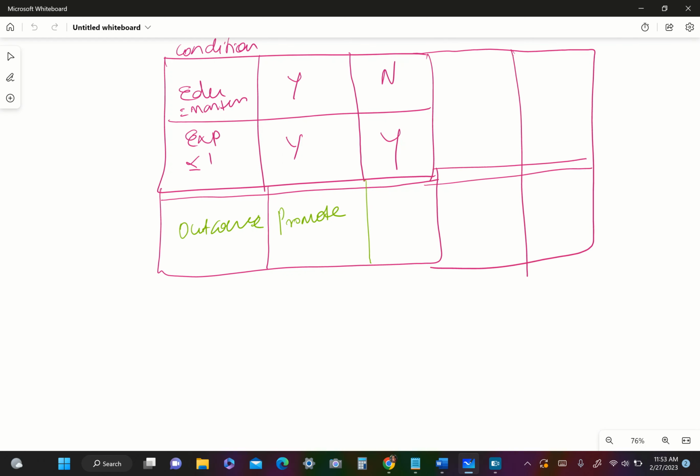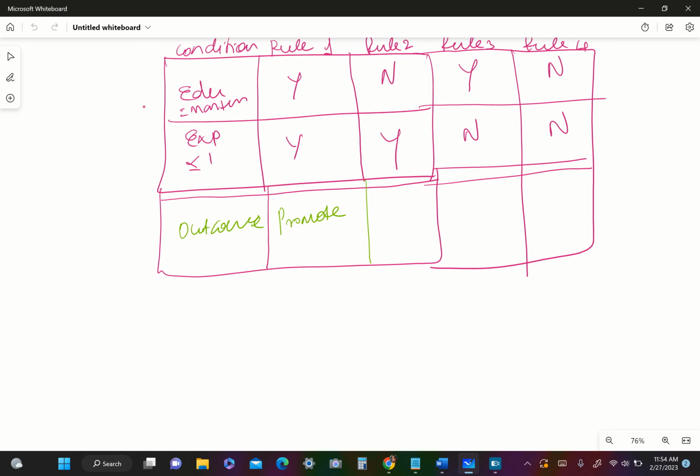Then there is another person that says they have masters but not enough experience. Then there could be a fourth person that neither has masters nor has experience, right? So these are the four situations that we can have. We call them rule 1, rule 2, rule 3, rule 4.